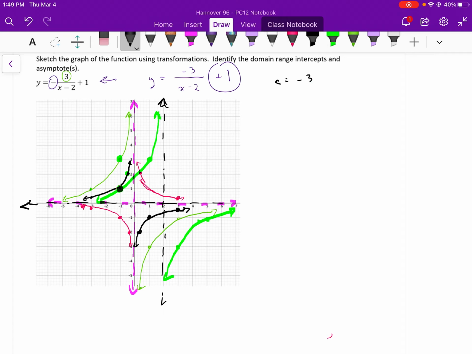What I would do is I would simply write a is equal to -3, h is equal to 2, k is equal to 1. And the words to this are very important.